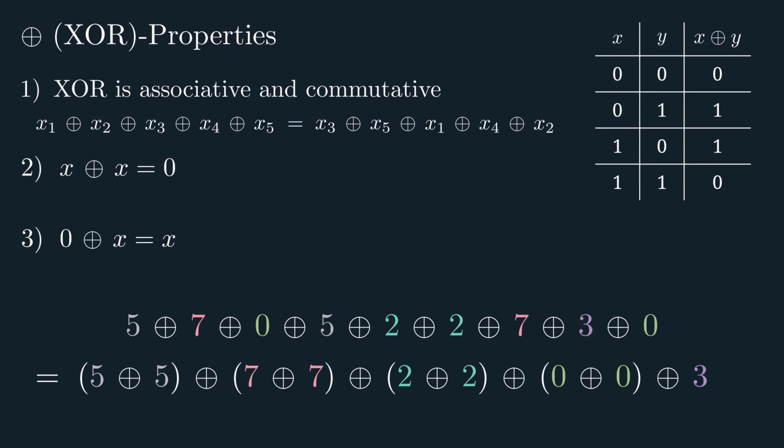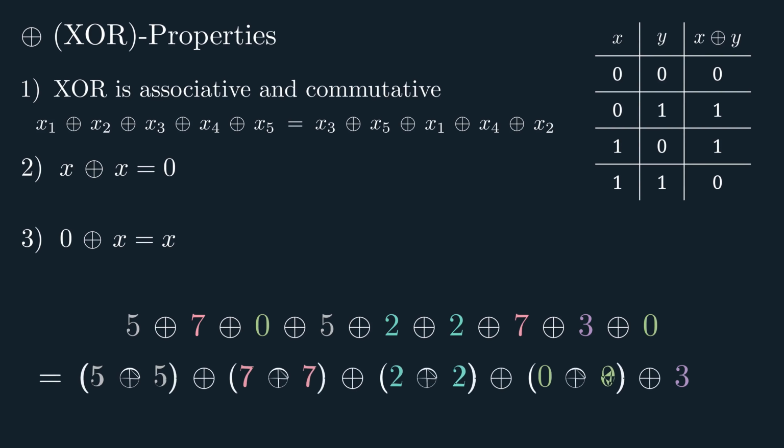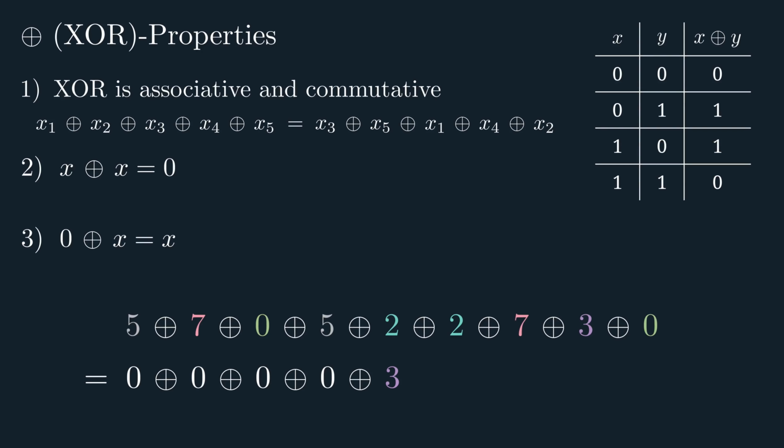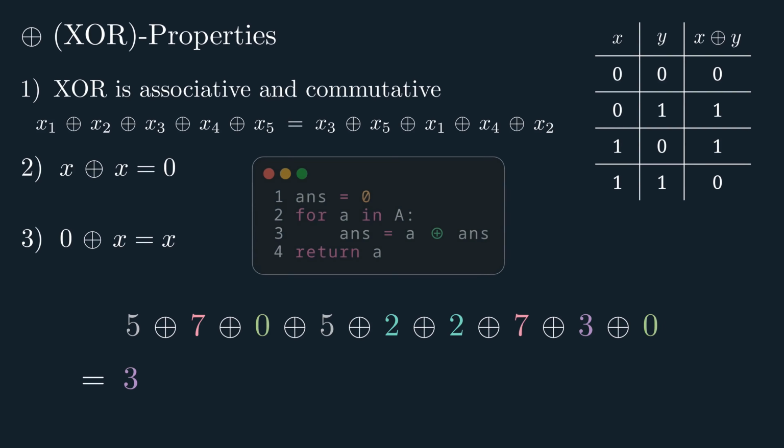Now, our second observation ensures that each pair of duplicates just cancels out. Therefore, by our third observation, the only element that remains is the unique element, since it does not have any duplicate. Hence, we can use this very simple algorithm to find the unique element in linear time. Pretty neat.